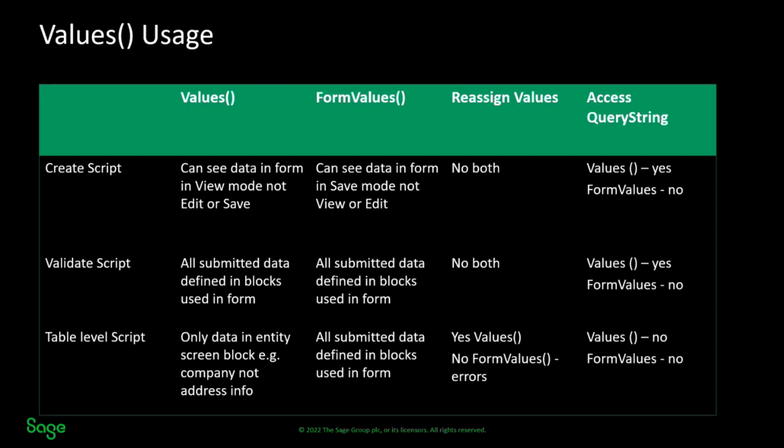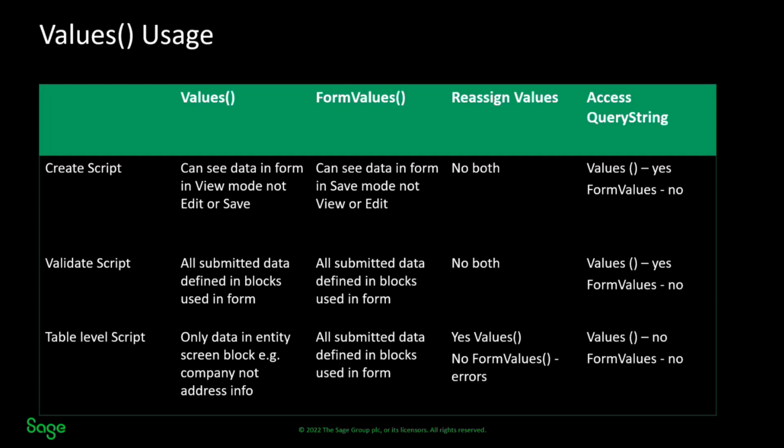So what we can use in addition to the values collection is the form values collection. So these methods, I keep calling them collections, pseudo collections methods, they allow us to read the inbound data in subtly different ways. So the values collection allows the data within the fields associated with an individual block or screen that is being used to build the edit screen for the current record.